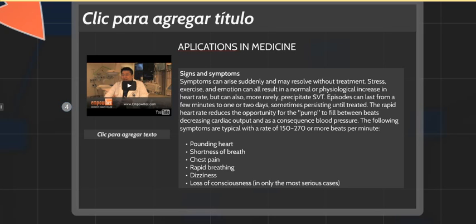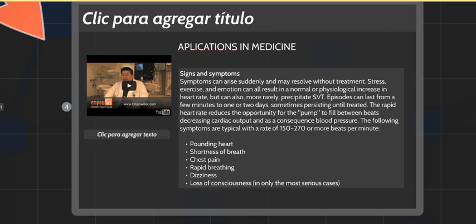Episodes can last from a few minutes to 1 or 2 days, sometimes persisting until treated. The rapid heart rate reduces the opportunity for the pump to fill between beats, decreasing cardiac output and, as a consequence, blood pressure.